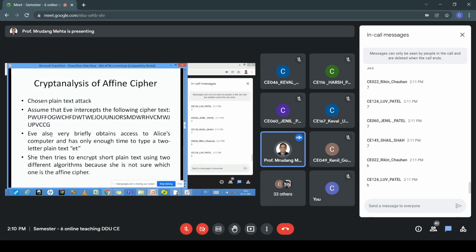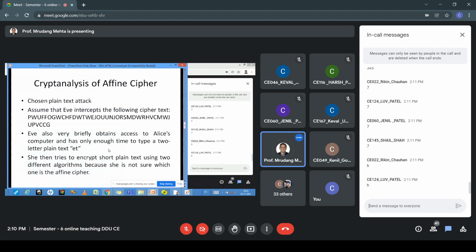So Eve gets brief access to Ali's computer, and she has only enough time to type two letters. First time she types ET and gets some result, and second time she types ET and gets some result. So she is typing ET for one algorithm and getting one result, and the same text for the second algorithm and getting another response, right?